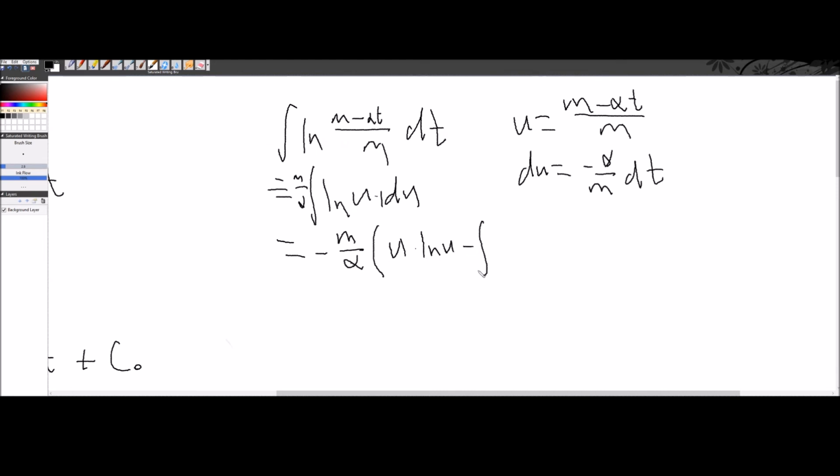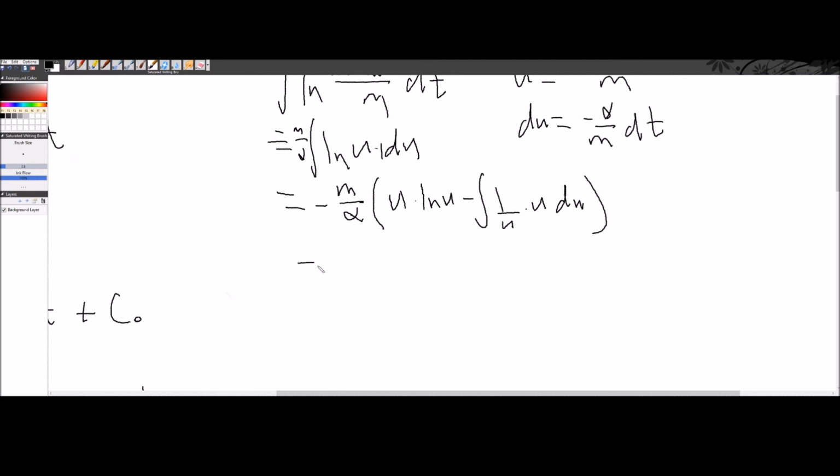And then you subtract the integral of the derivative of ln u times the integral of 1, which is u. The derivative of ln u is just 1 over u, and du. And now you just get negative m over alpha. This is going to be u ln u minus, this is just going to be 1, so it's just minus u.